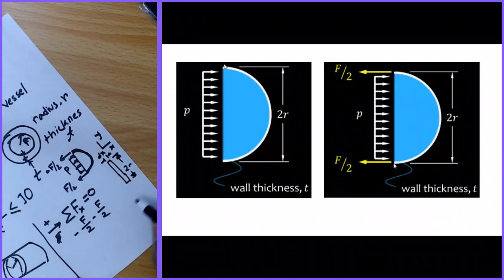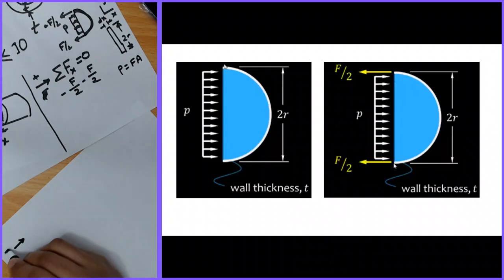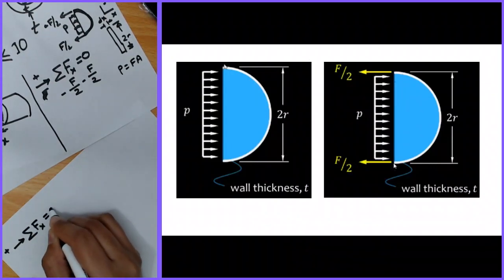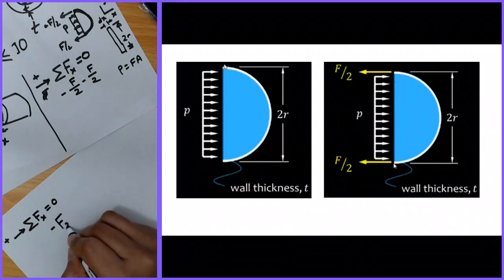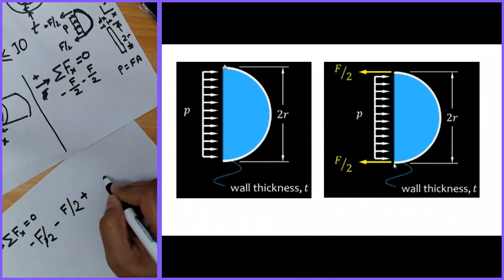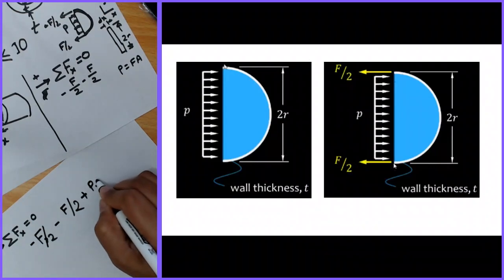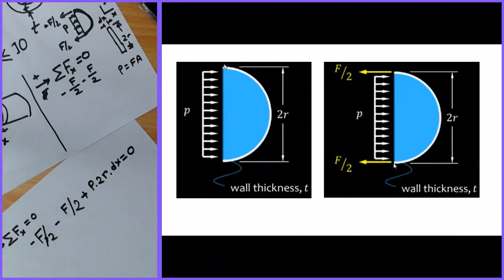As we know, pressure P is force into area, so my force balance here is minus F by 2 minus F by 2 plus P into twice R multiplied by dx equals 0.